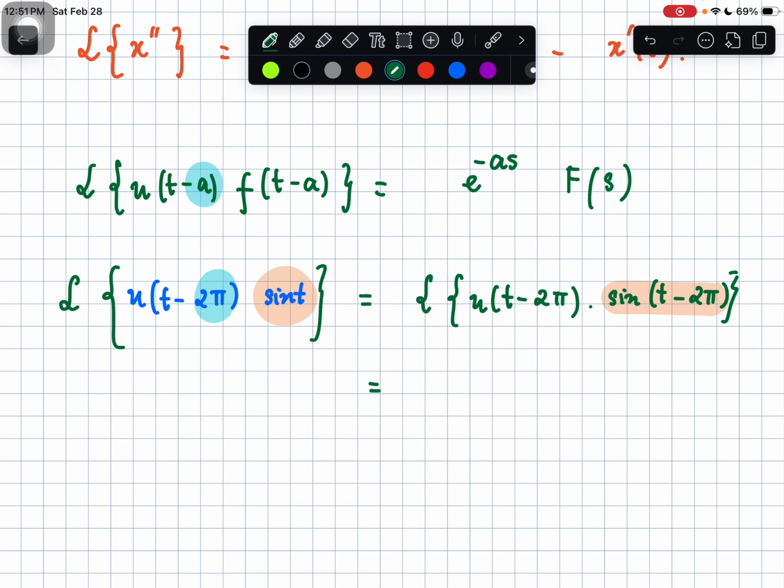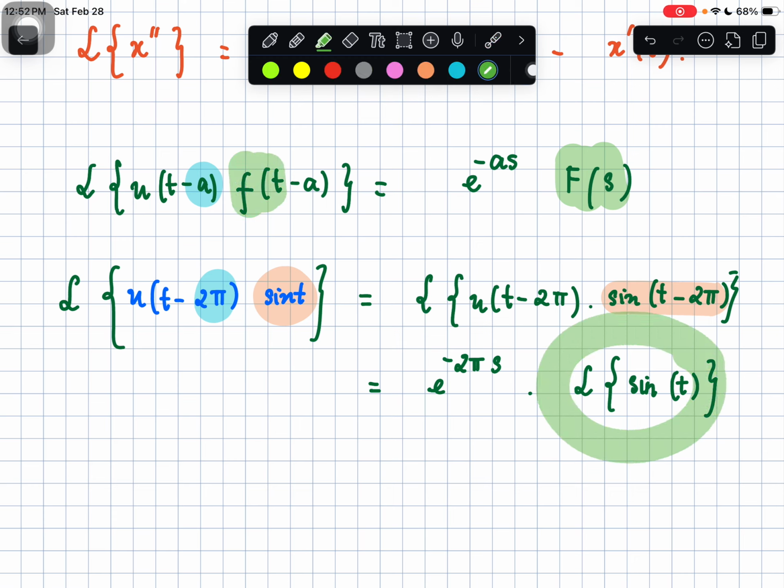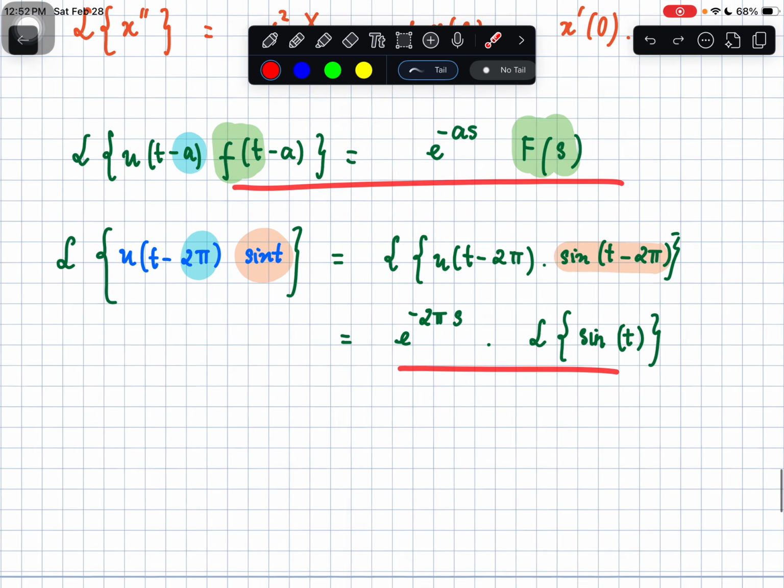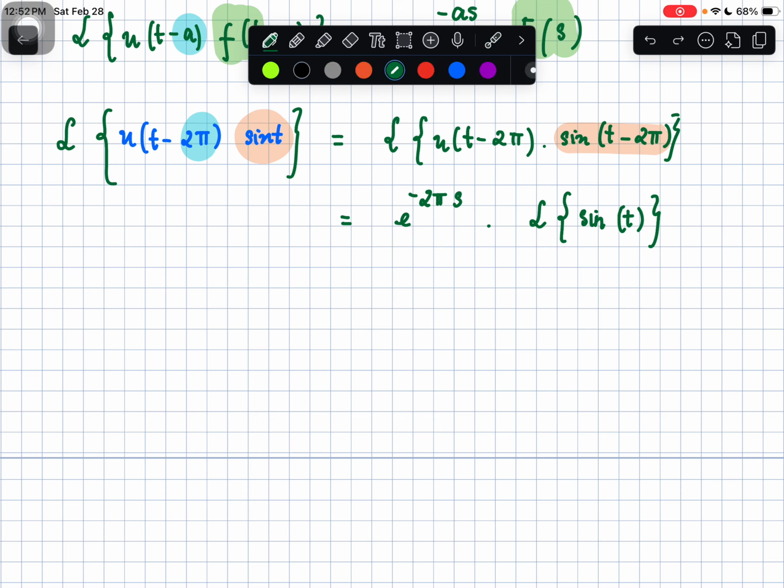We have e to the minus a s, which is e to the minus 2π times s, times the Laplace transform of sin(t). Remember that F(s) here is the Laplace transform of small f(t). So you have the Laplace transform of sin(t). Based on this formula, this one gives us e to the minus 2πs times 1 over s squared plus 1.